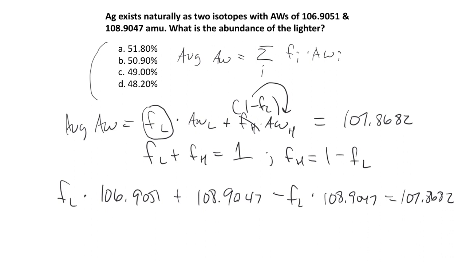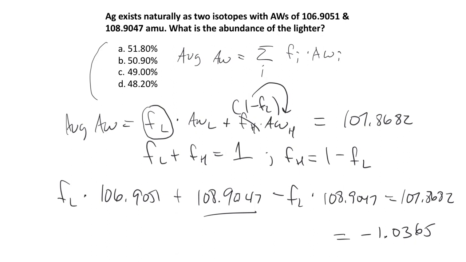So I'll take 107.8682 and I'll subtract 108.9047. So just subtracting that from both sides leads to this being negative 1.0365. And then what I might do is to imagine this is 106 times x and this is minus 109 times x or whatever.